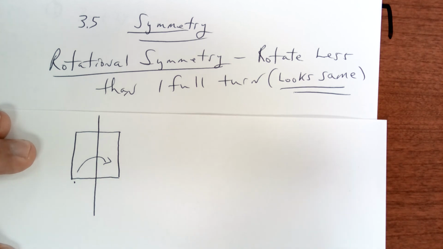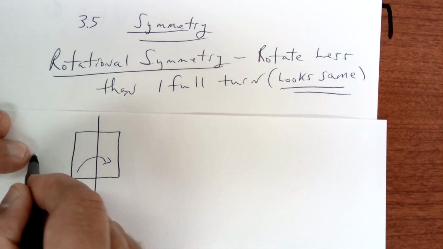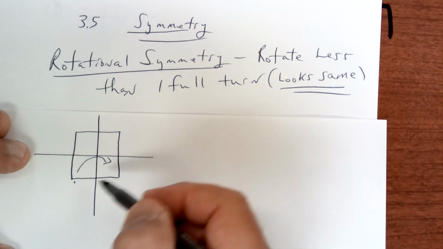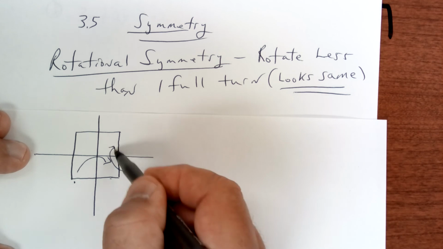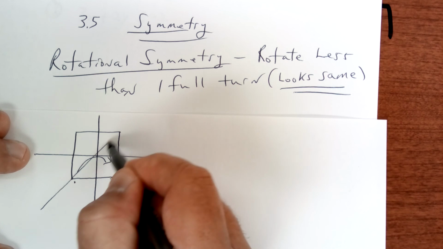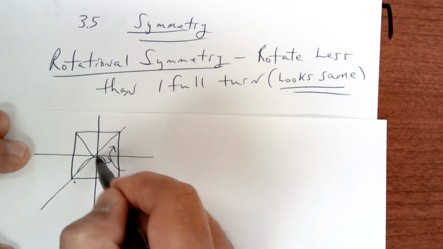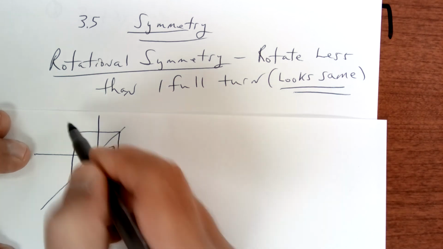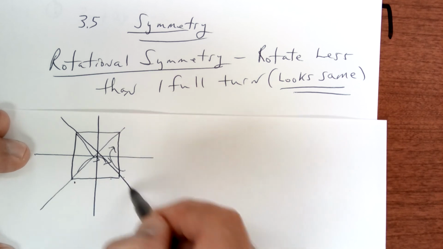That would be a line of symmetry. If you go this way and fold this one over this way, that would be a line of symmetry. If you go this way and fold it over this way, that would be a line of symmetry. I'm going to say that a square has 6 lines of symmetry.